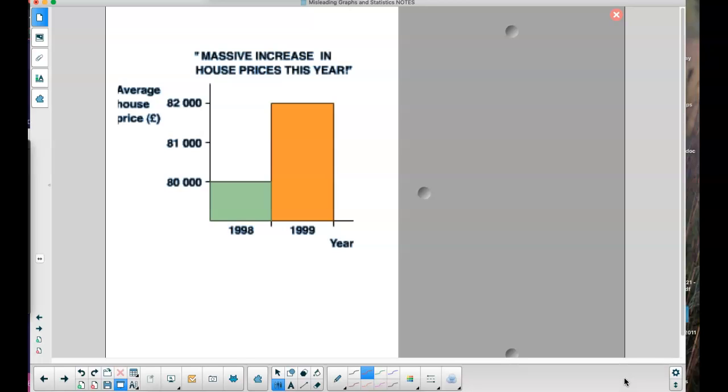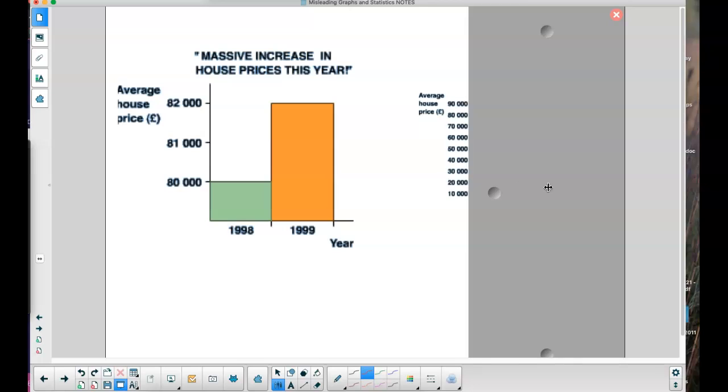Changing over time. It should be a line graph again. So notice how bar graphs get used to try to trick you. Not only that, but did the price of houses increase that much? No. It only went up 2,000. Right? It went from 80,000 to 82,000.